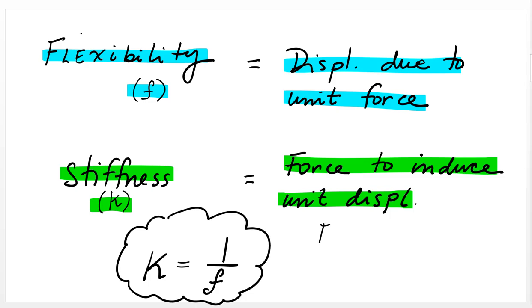Fairly easy. If you have F equals K x and you set x equals to 1, obviously then you get... I'm sorry, this is force, right? Force equals stiffness times displacement. Then when displacement equals 1, force equals stiffness, right?